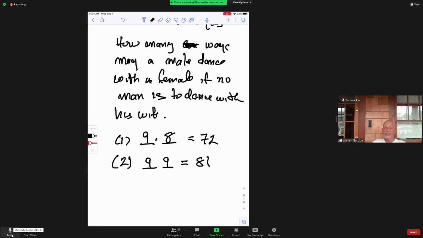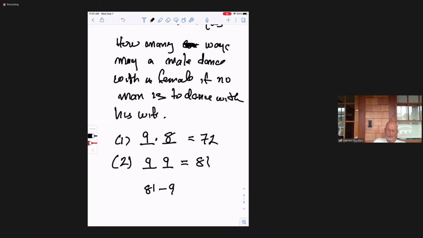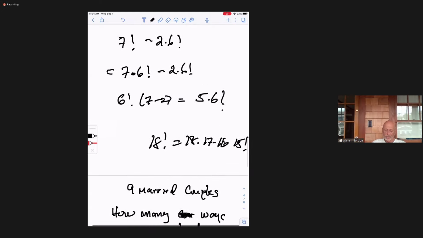Yeah. There are 9 couples. So if I subtract the 9 married couples from the 81, what's left? 72. Notice there are 2 ways of doing the problem. I actually did this above when I looked at this problem. Where was it? Up here?